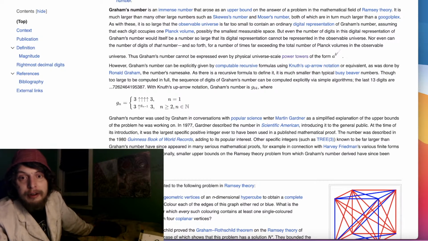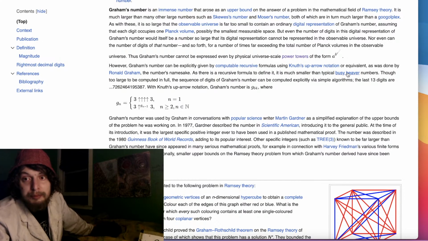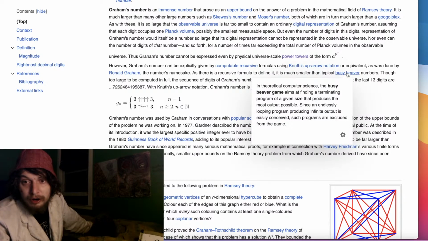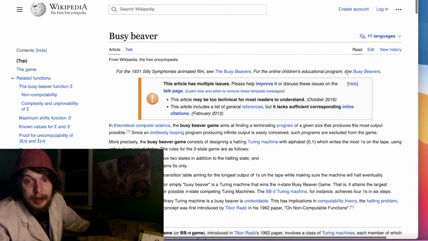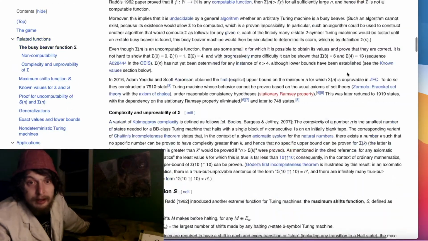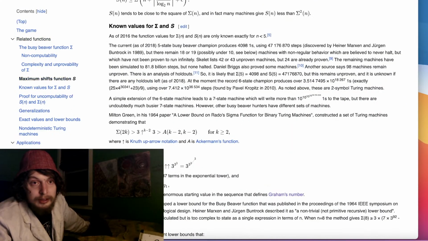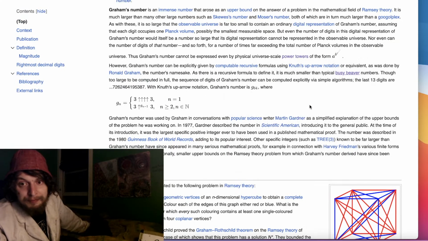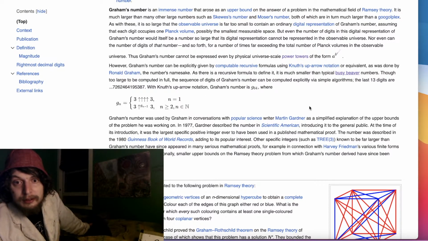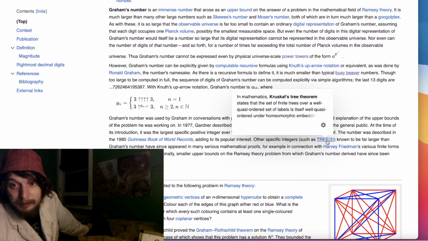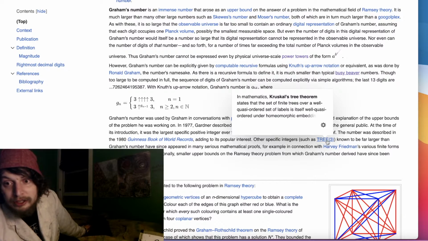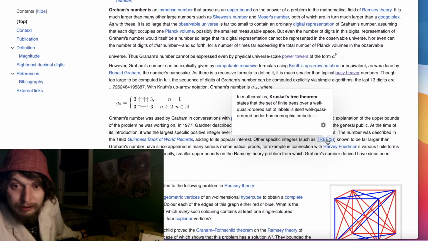However, there are other insanely big ones. Here's another one that we'll cover someday. These busy beaver numbers are really trippy and get incomprehensibly big, and there's a lot of cool big numbers. Tree 3, we're going to talk about Tree 3 sometime. That one's super cool because it's just the third level of this graph theory problem.